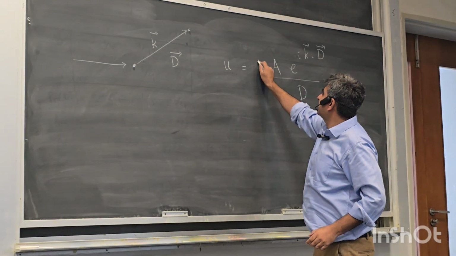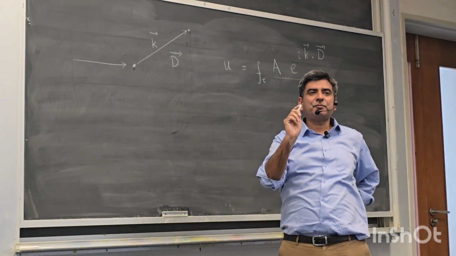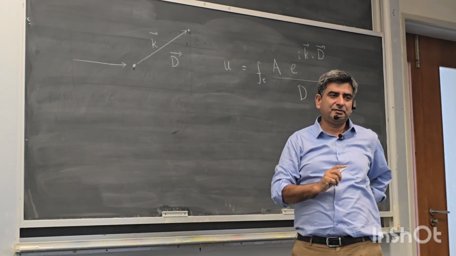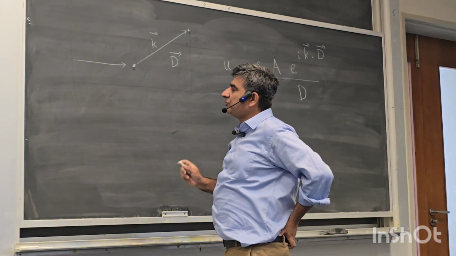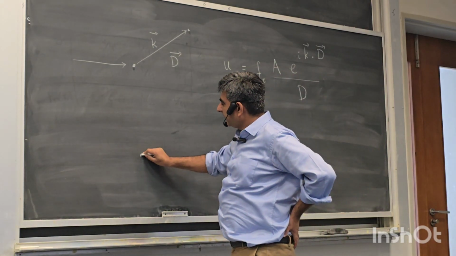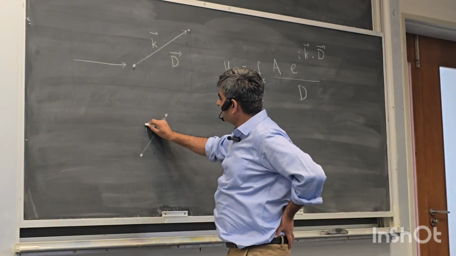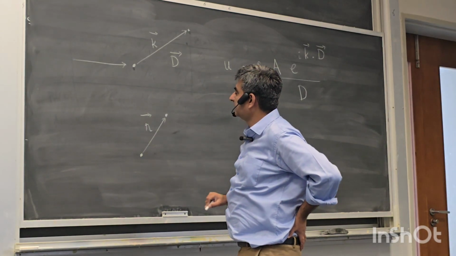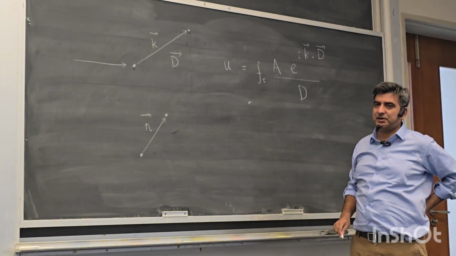And there is some intrinsic factor due to the electron. Let's call it f_e. Now this is due to one electron. Now suppose there are two electrons. There is an electron over here, an electron over here, and these electrons are separated by distance r. And now you have a detector which is placed far apart.